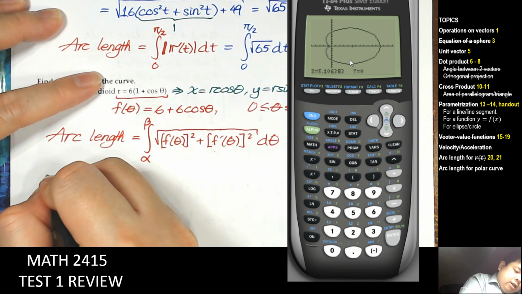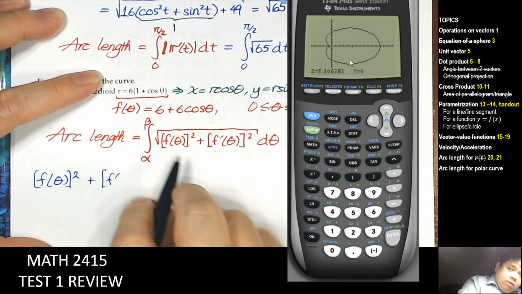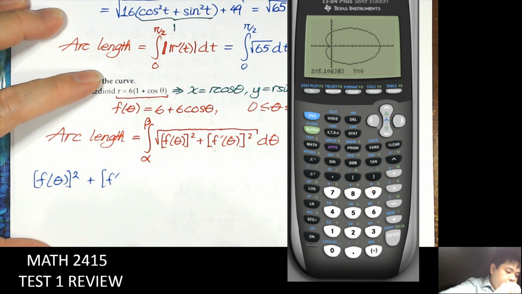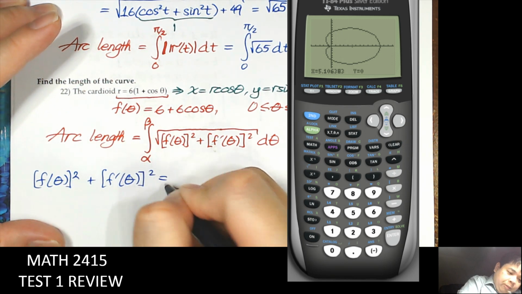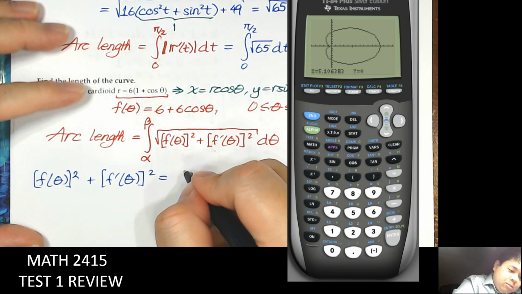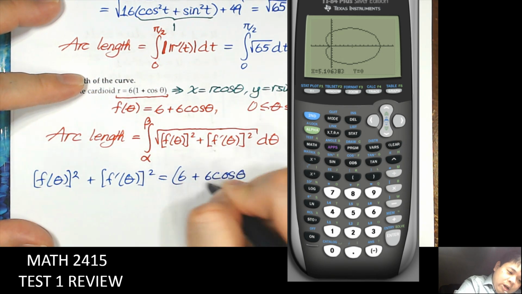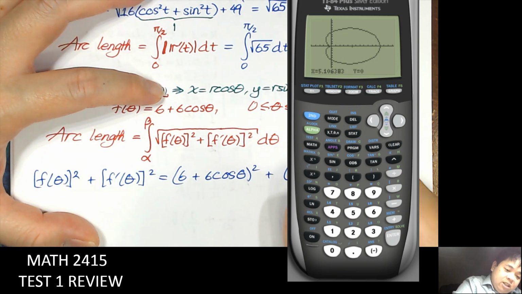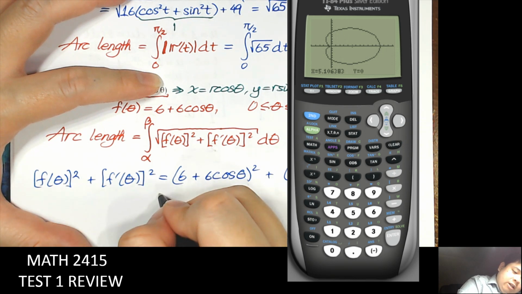So we have the function squared plus the derivative squared. The function is 6 plus 6 cosine theta, squared. The derivative of this is negative 6 sine theta, squared.